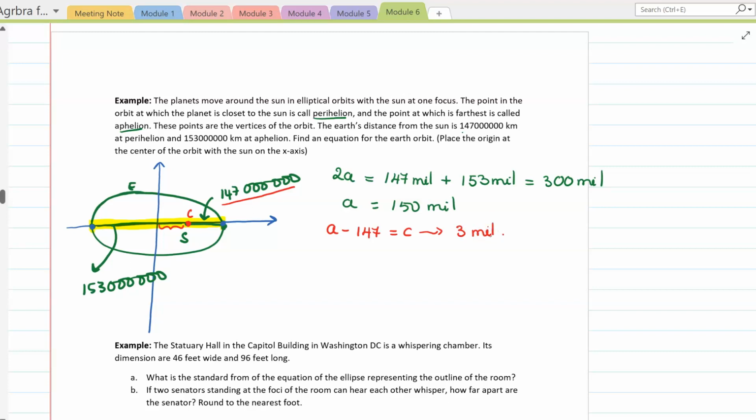Okay, now that we have a and we have c, we can solve for b. Well, b squared is equal to a squared minus c squared.